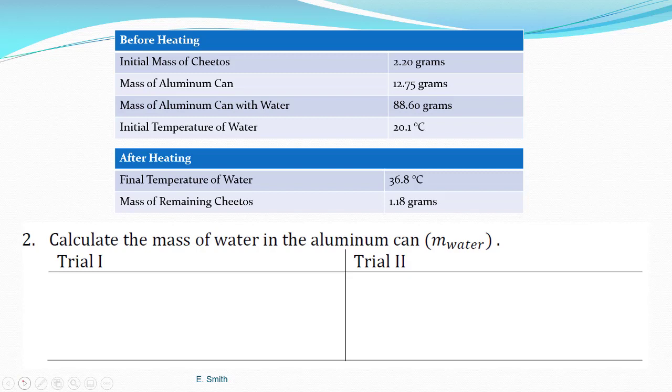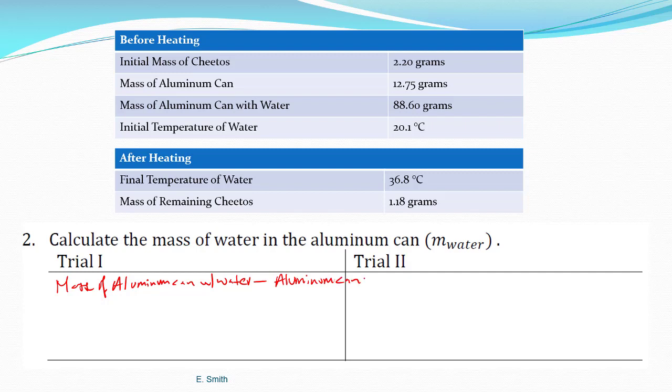In question number 2, we want to calculate the mass of water in the aluminum can. In order to do that, we want to take the mass of the aluminum can with water, and we are going to subtract the mass of the aluminum can.